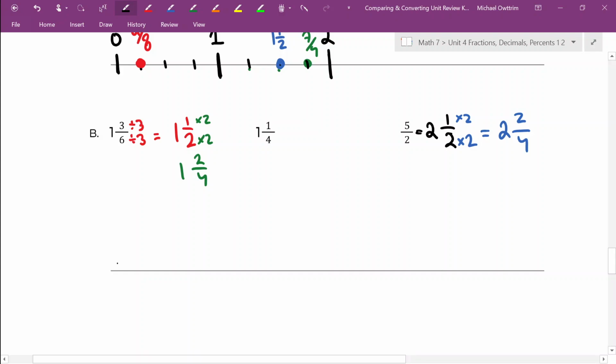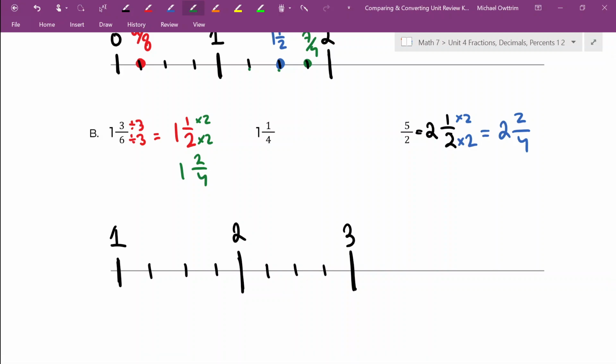Let's set up our number line. Our smallest whole number is 1. We need 4 ticks up until and including the next whole number. So 1, 2, 3, 4 is my next whole number. And then 1, 2, 3, 4 is my next whole number. Let's place our values on our number line. 1 2/4 starts at 1 and goes 1, 2 ticks past there.